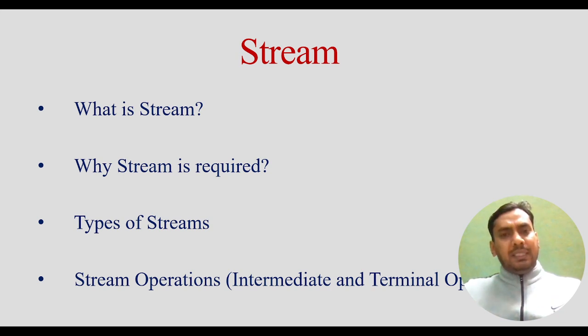Suppose you have a stream and you call some intermediate operation, it will produce a new stream. Although the original stream is lost, a new stream is created, so ultimately after applying the intermediate operation, you will get a stream.